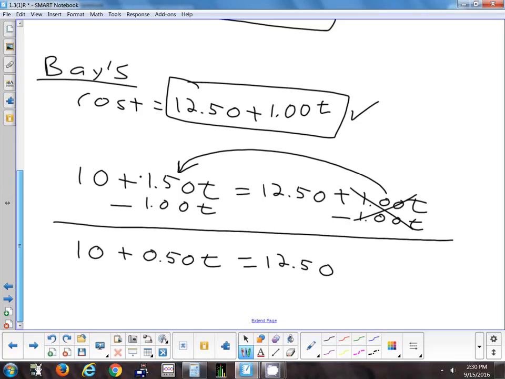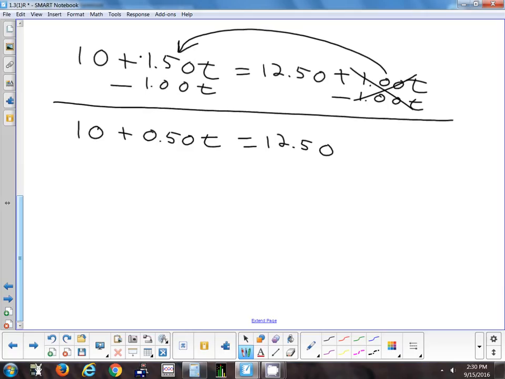Okay, I think I have 2 steps left, and then I am done. Anybody think they could tell me my second to last step? Yeah, Vanessa? We decided to put letters on the left, so that means things without letters are going to the right.